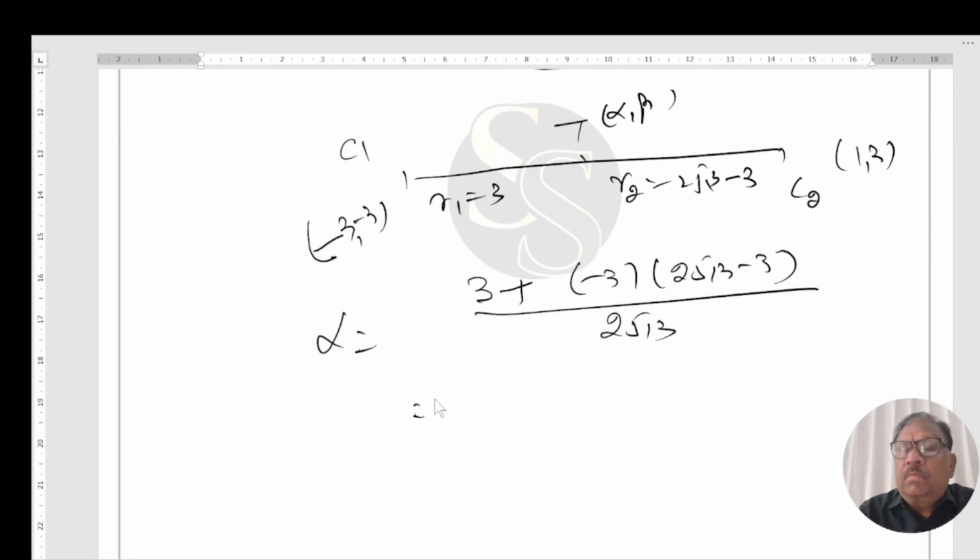On simplification this comes out to (9 plus 12 minus 6√13) divided by 2√13.